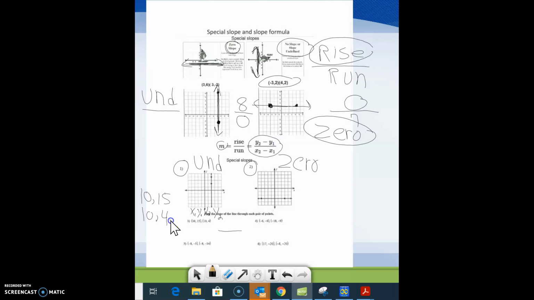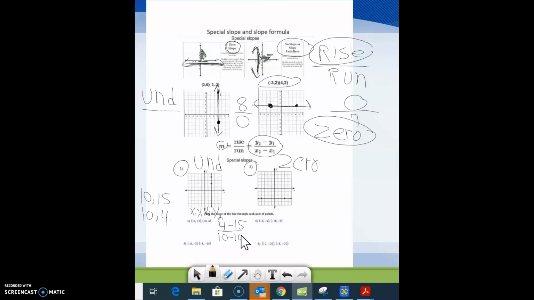So I'm going to do 4, because that's y2, right? Minus 15. That's my top one. And then the bottom one's going to be x2. Okay.